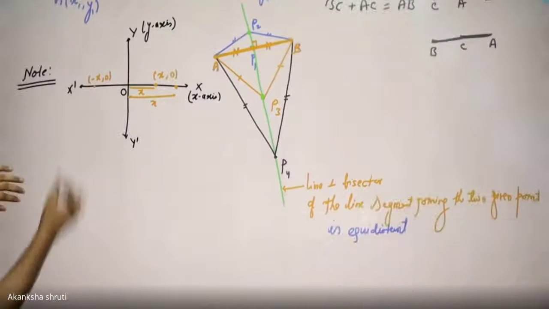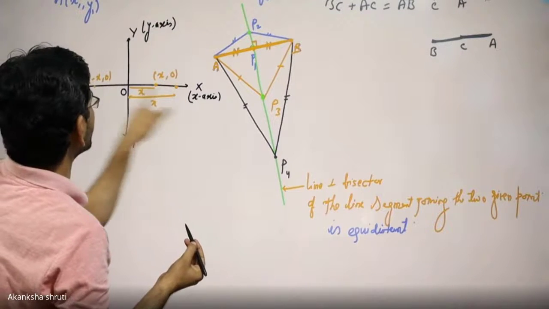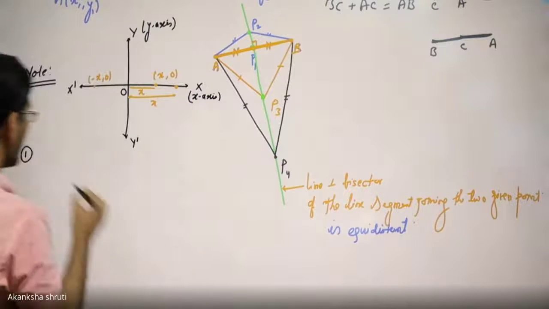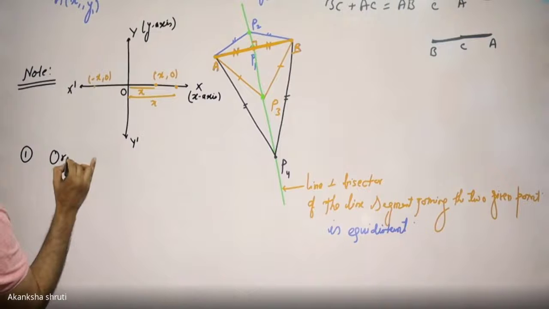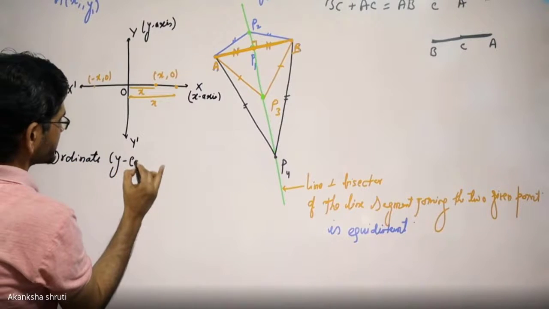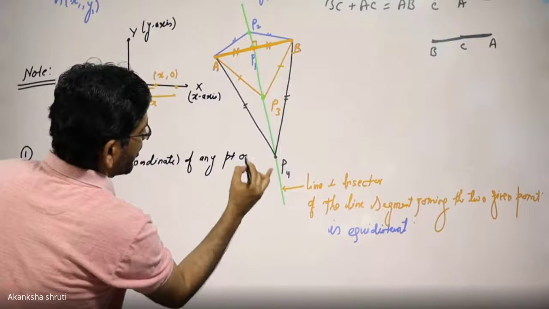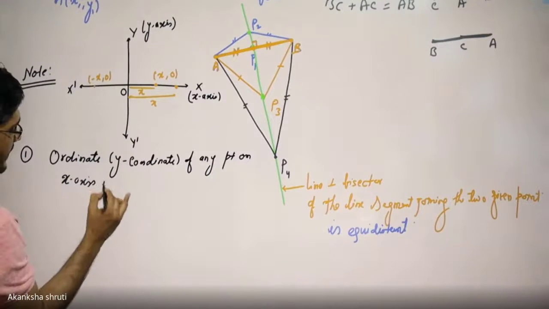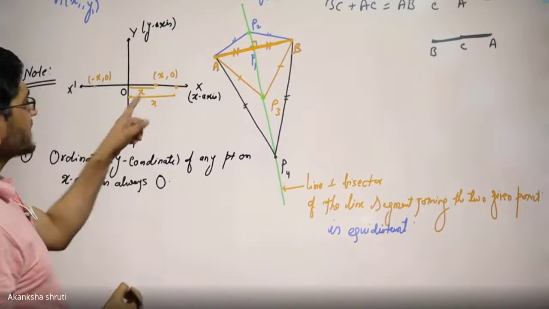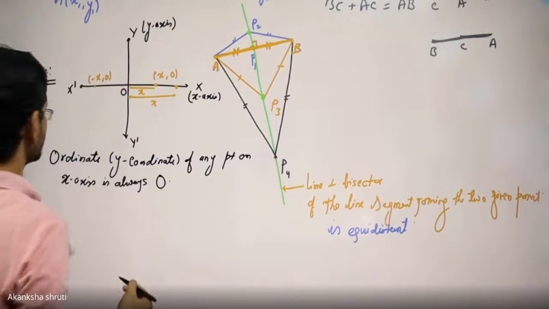So keep in mind, the first point: the y coordinate of a point on the x-axis is 0. This y coordinate is also called the ordinate. So write this: the ordinate, the y coordinate of any point on the x-axis, is always 0. Okay, students? The x coordinate will be the x value or distance from the origin.